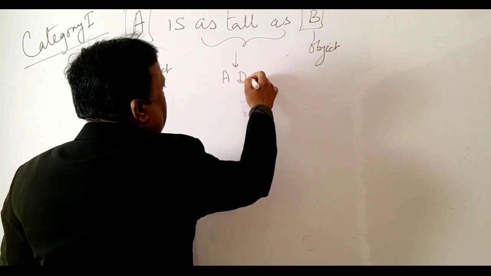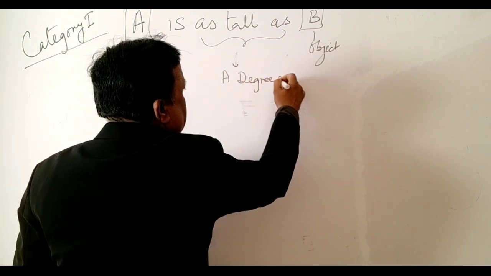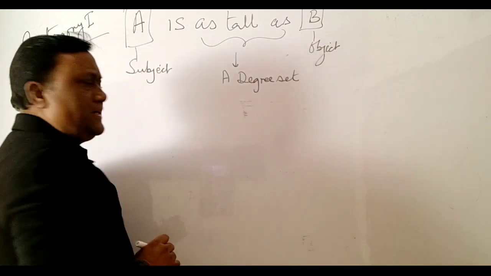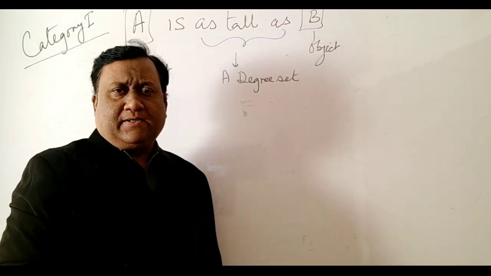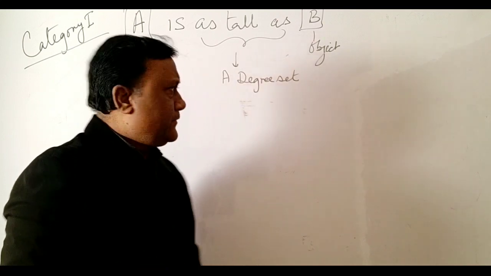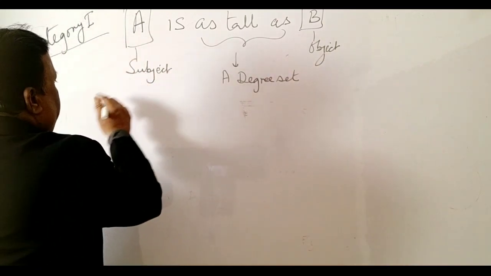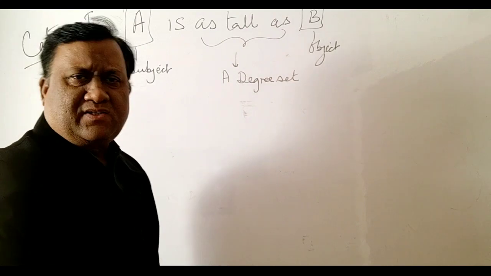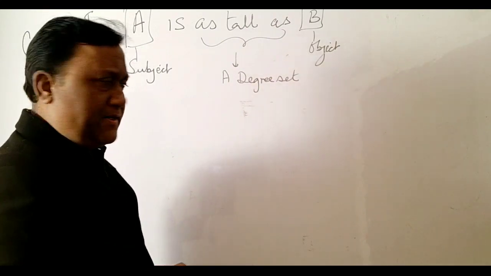I call it a degree set. Understood? You'll know why I'm calling it as I continue with this lecture. Now, I have made 4 basic rules which are not available anywhere.